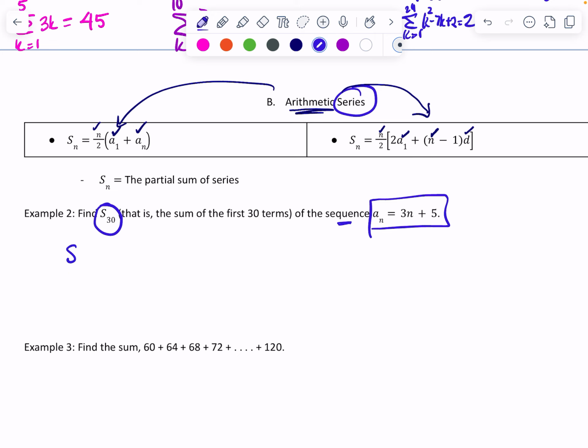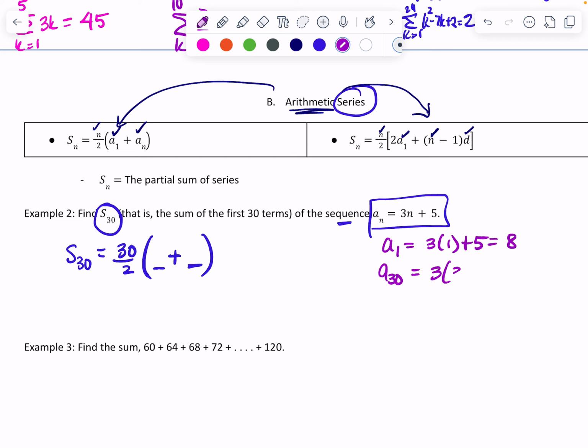If I use the first formula, so I need S30, do I know n? Yes, I do. Do I know the first term, which will go here? Do I know the last term? I don't, but I can find them. Because a1 would simply be 3 times 1 plus 5. I found the first term. And the last term is 95, and we have 8 and 95.